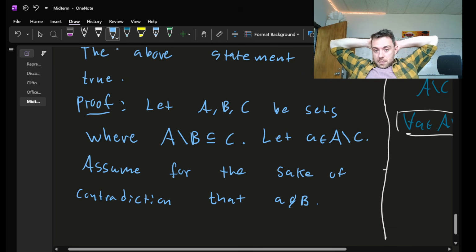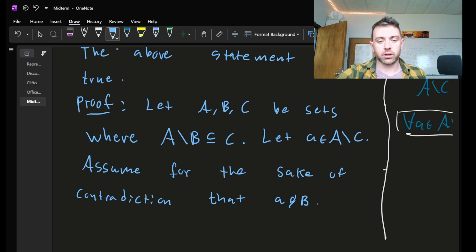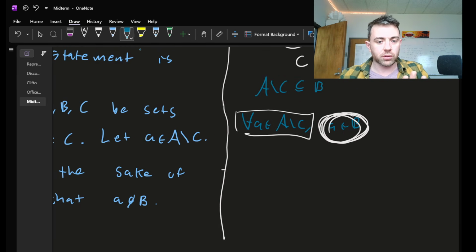Okay. What can we do with that information? Well, looking at this, we have A minus B is a subset of C. That's one of the assumptions that we're working with, right? So again, I don't want to sully my good copy with a bunch of nonsense, but I know that A minus B is a subset of C. What does that mean?